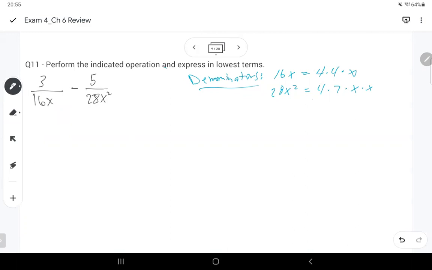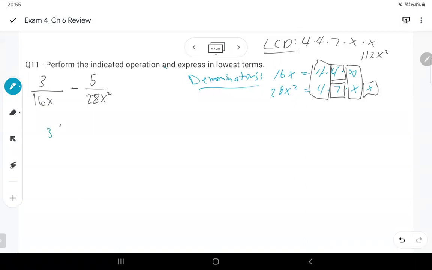So you want to take one of the 4s that are the same, one of the x's that are the same. You also need to include the solo 4, the solo 7, and the solo x. So your LCD is really 4 times 4 times 7 times x, and that equals 112x squared. But I think writing the factors out will be better for you.